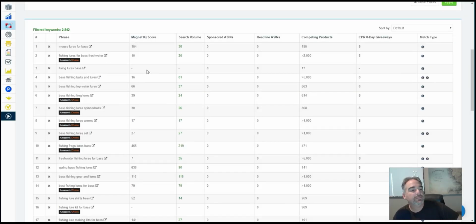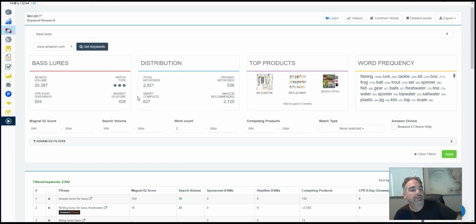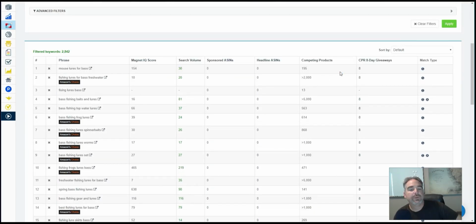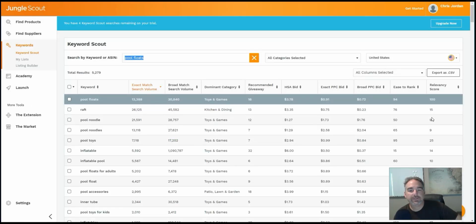Helium 10's is called Magnet, and it pulls up some information. It does give you a little bit of different information. Like Jungle Scout has the PPC bids in here, and that algorithm I was telling you about earlier that kind of gives a guess on how easy it is to rank.